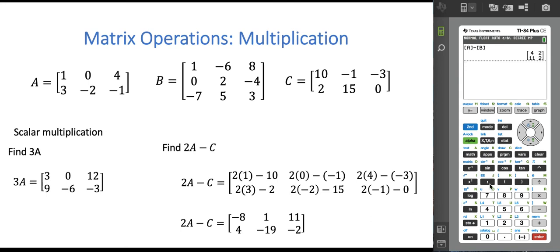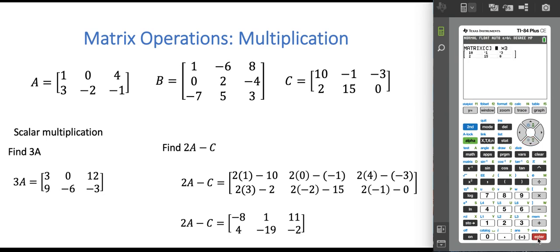But let me show you how you would do that on your calculator as well. So we have to edit our matrices. So we're going to edit matrix A, which is a 2 by 3. And the elements are 1, 0, and 4. And then 3, -2, and -1. And do the same thing with matrix C. And matrix C, I think I already plugged that one in, but we'll look at it.